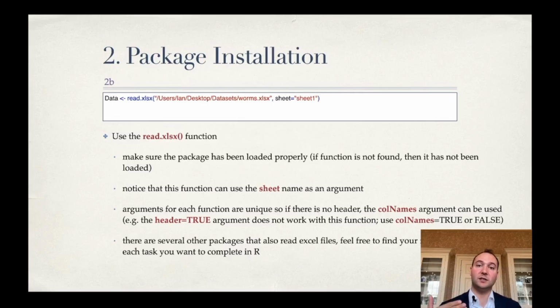If the package was installed successfully, then we can use this function here. Because Excel files have multiple sheets, we may also have to identify which sheet in the Excel file we want to load into R. So we have the extra argument sheet, and then you can include the sheet name if you're dealing with an Excel file with multiple sheets.